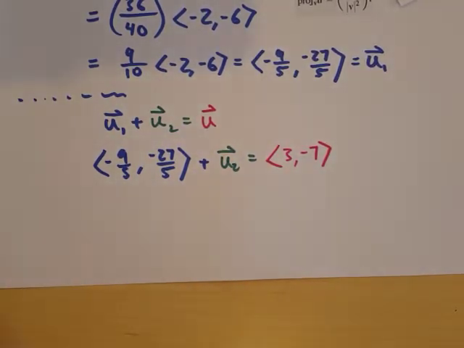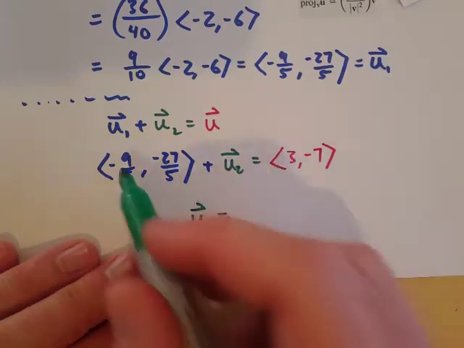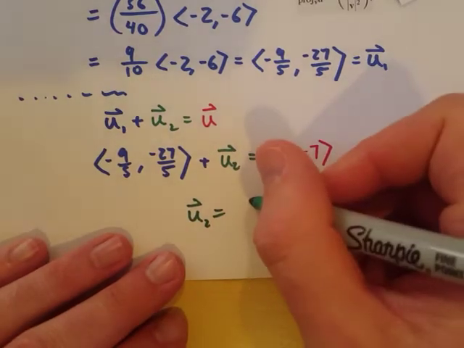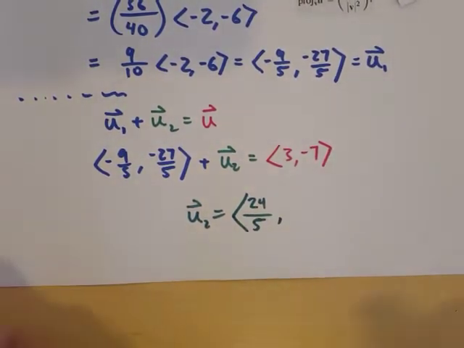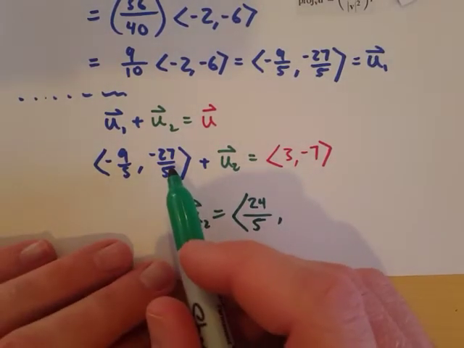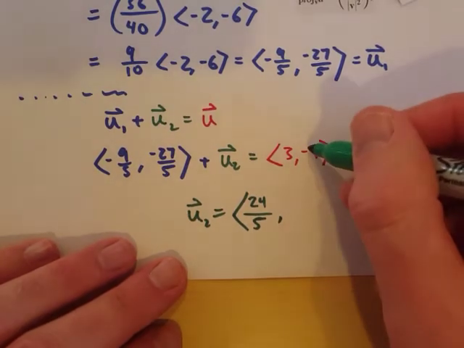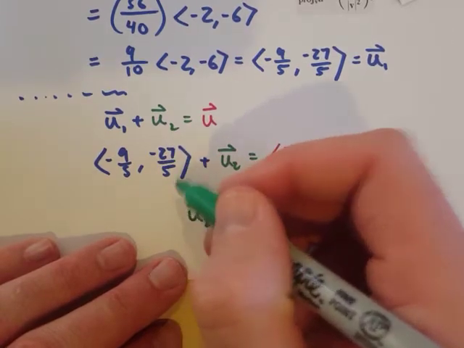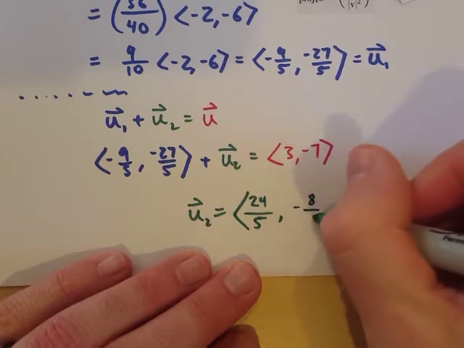So thinking about the component form of u2, 15/5 plus 9/5 is going to be 24/5. That's the x part. Then we have negative 27/5 and negative 7. So this will be negative 35/5, and we're going to add 27/5 to it, and so that's going to give us a result of negative 8/5.